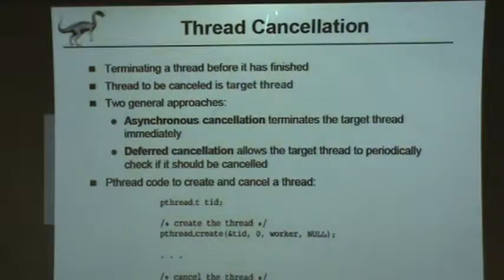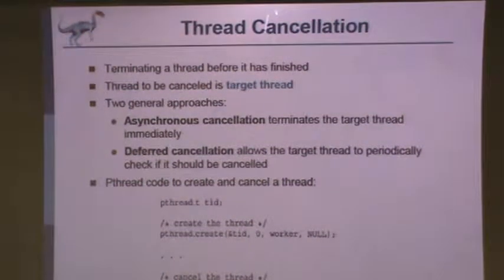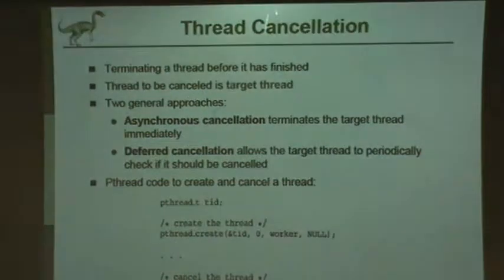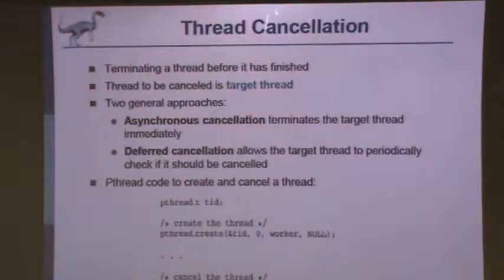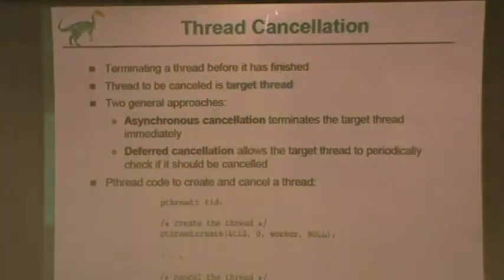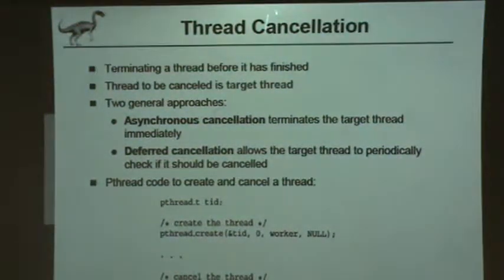There are two approaches. One is asynchronous cancellation, which means if I want to terminate, it will terminate immediately. Another is deferred cancellation, which allows the target thread to check its status, which the programmer or the user gives to the thread.